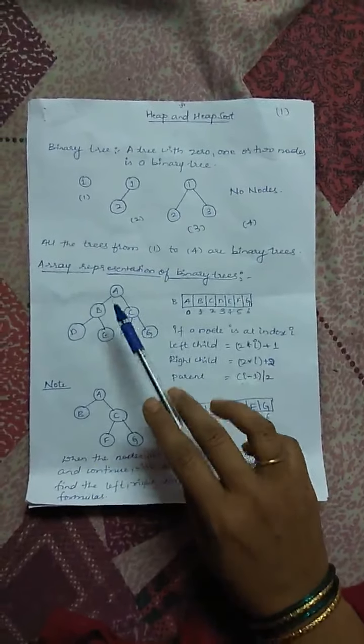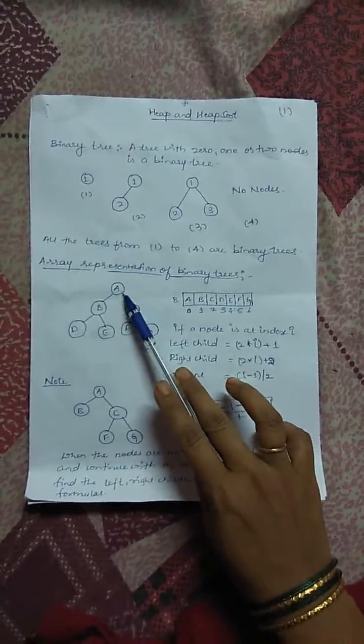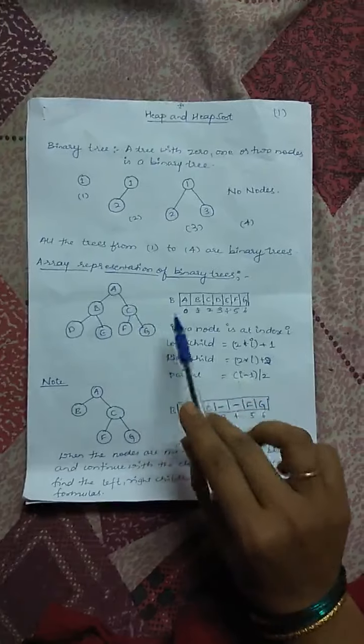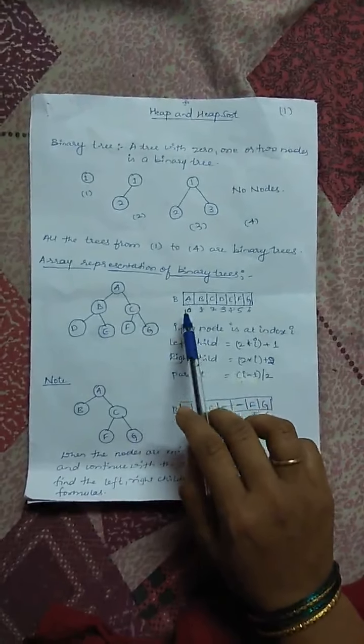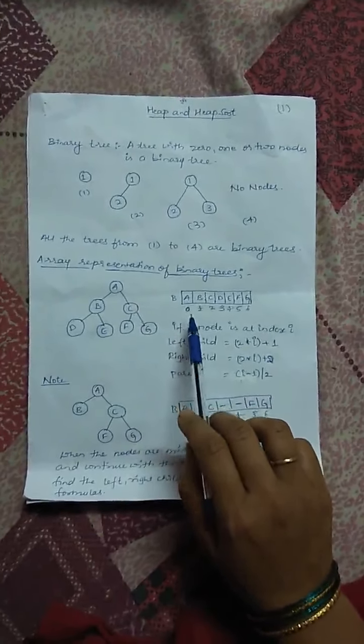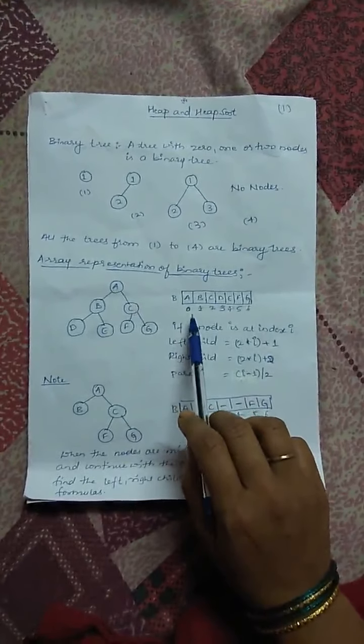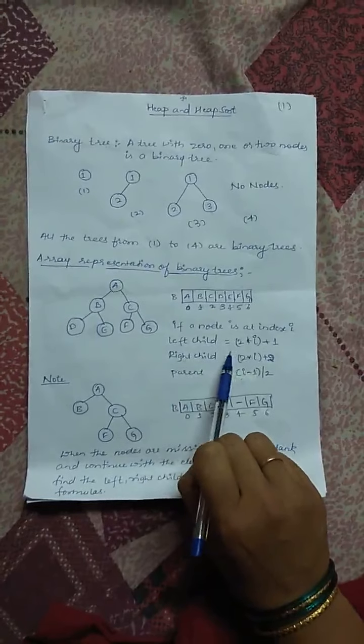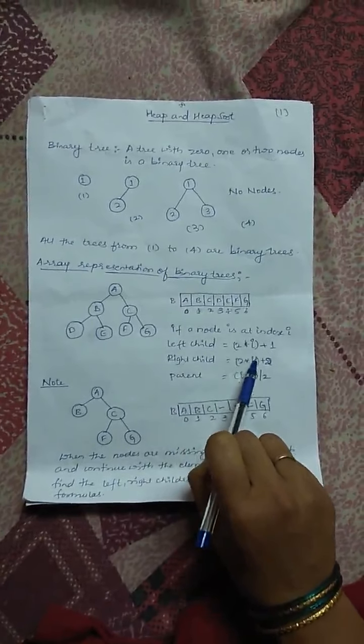Yes. So now let me take this node A. I want to find its left child. Node A is present at what position? At 0th position. So I is equal to 0 here. What is its left child? Left child can be got by using 2 into I plus 1.